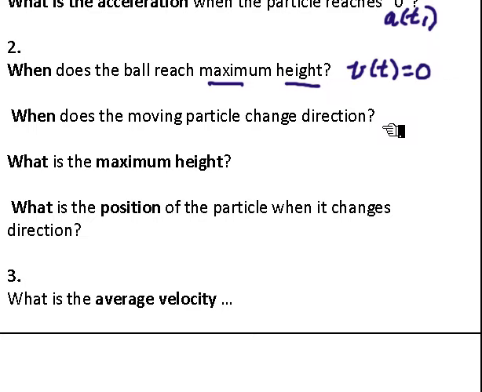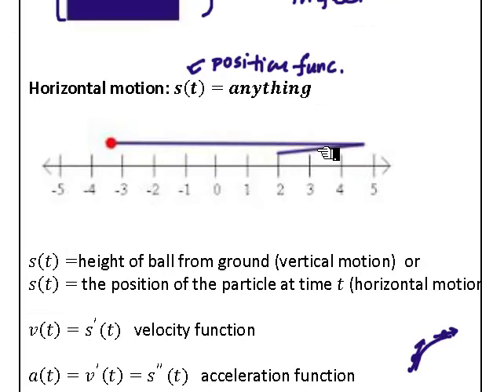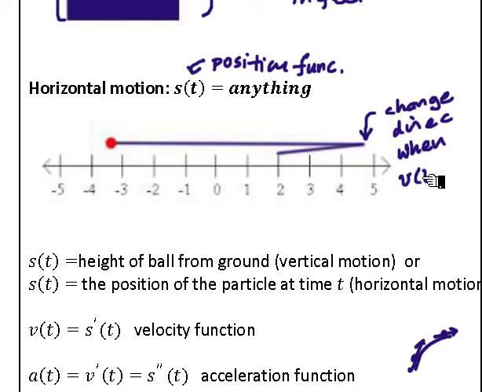Similarly, when does the moving particle change direction? Let's look at the picture again. When the particle is going to the right, the velocity is positive. When the particle is going to the left, the velocity is negative. So in between, it's zero. When it changes direction, it's going to be when the velocity is zero. The same type of situation as before.